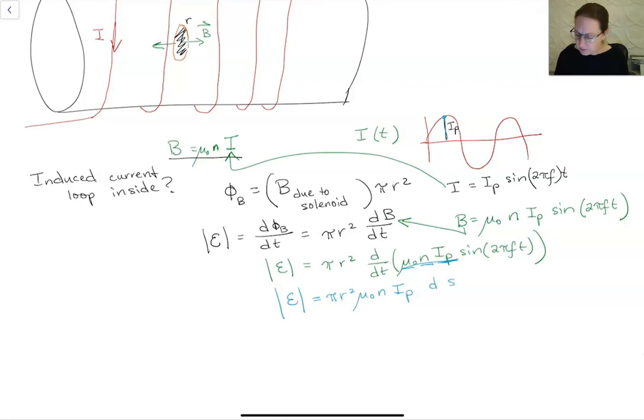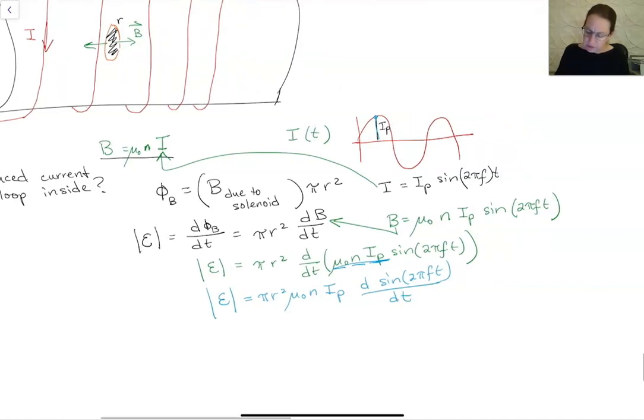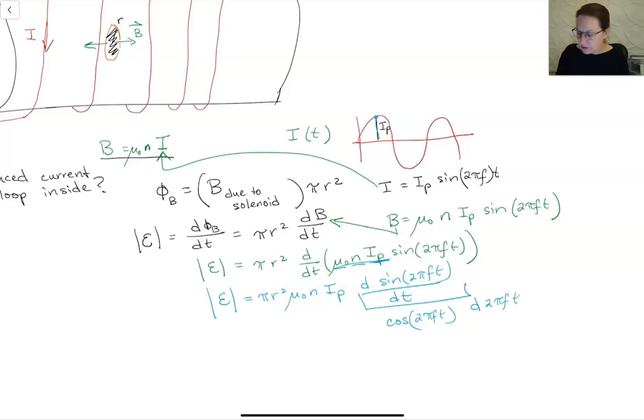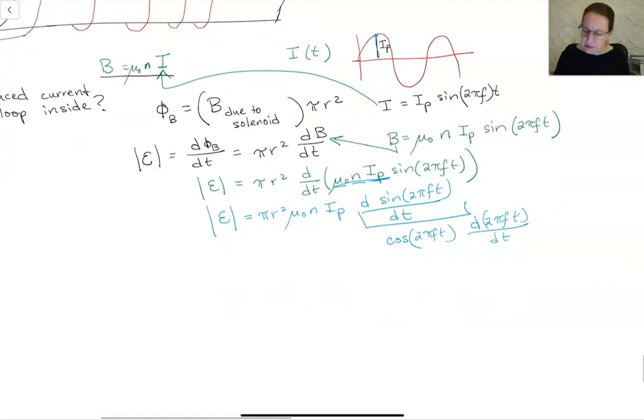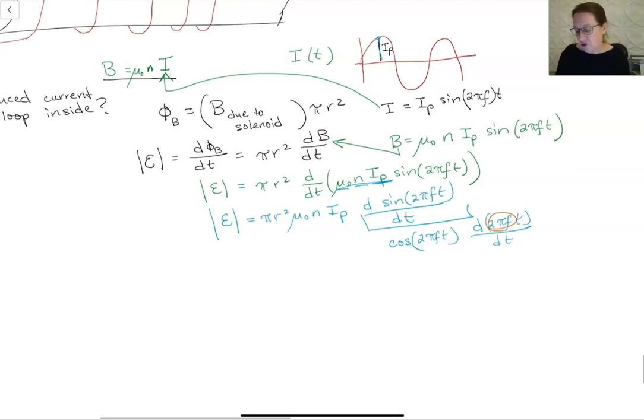So the derivative of sine of 2 pi f t with respect to t means I take the derivative of sine, so that gives me a cosine of 2 pi f t, times, this is the chain rule, the derivative of what's inside, 2 pi f t with respect to t, and that's a pretty easy derivative because, again, these are all constants, and so the derivative of t with respect to t is just 1.